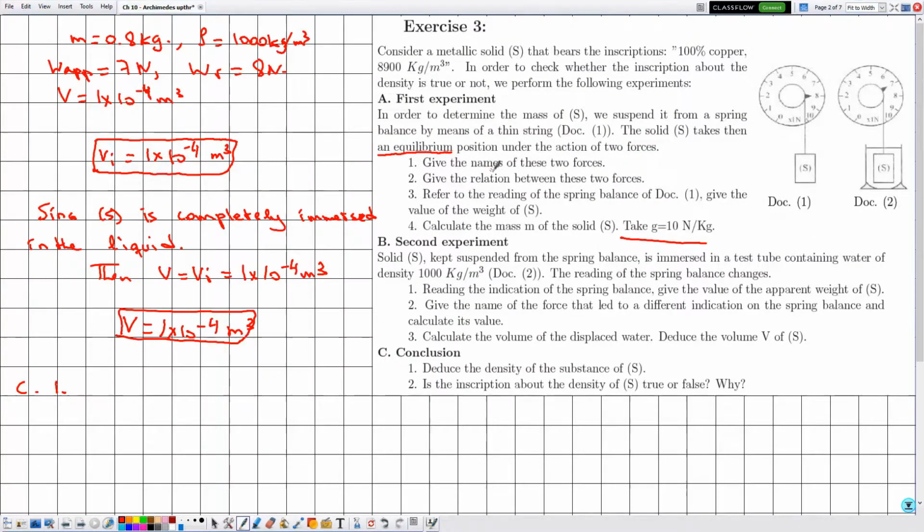So in part A of this experiment we have determined the mass, and in part B we have determined the volume, knowing that the density of the solid S can be calculated using mass over volume. So the mass, which is given by 0.8, and the volume V, which is given by 1 times 10 to the power minus 4. Plugging this fraction on the calculator, it will give us 8,000.